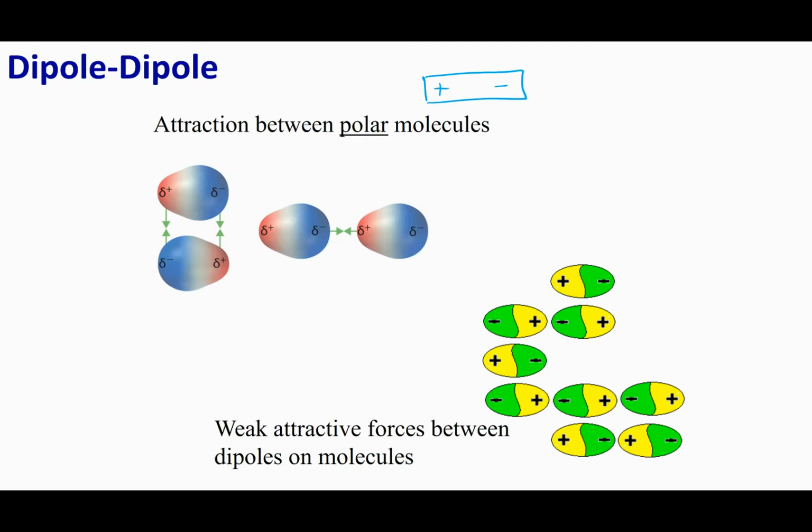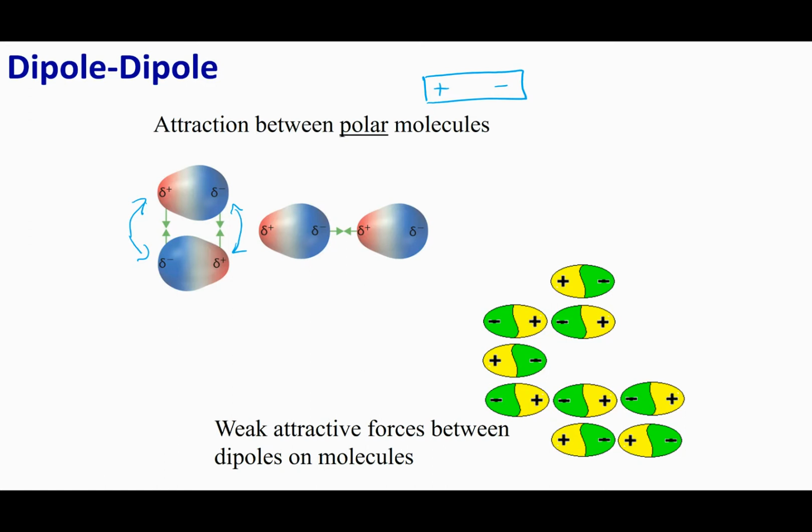Well, what would happen is these bar magnets would start attracting each other, they would start pushing each other away, and they would arrange themselves based on the net dipole that this molecule has. Meaning the positive ends of these molecules would try to line up with the negative ends of the molecule, and the negative ends would end up being around the positive ends.